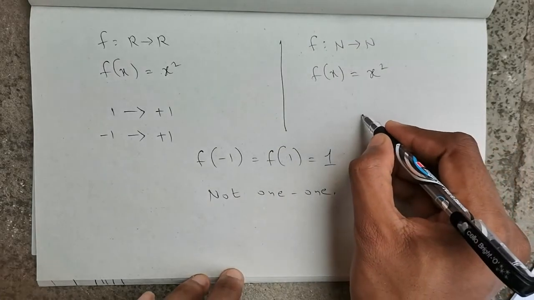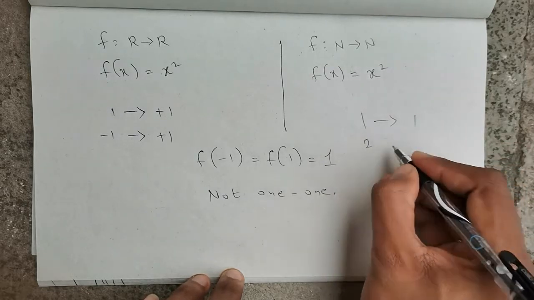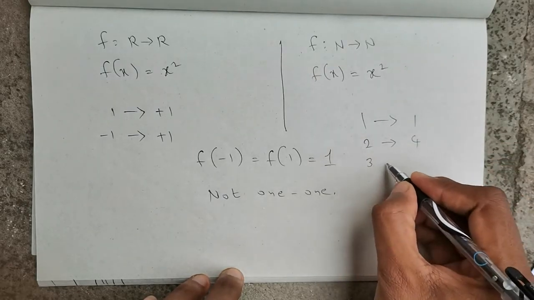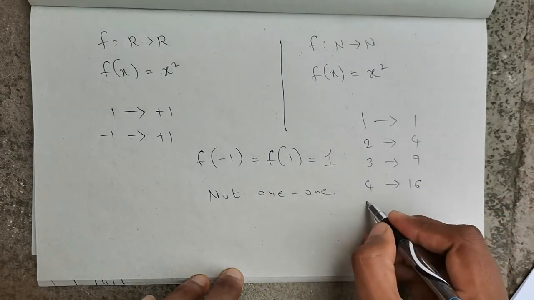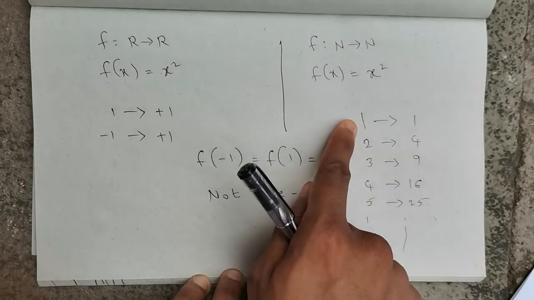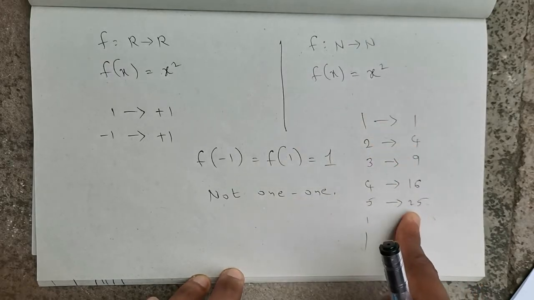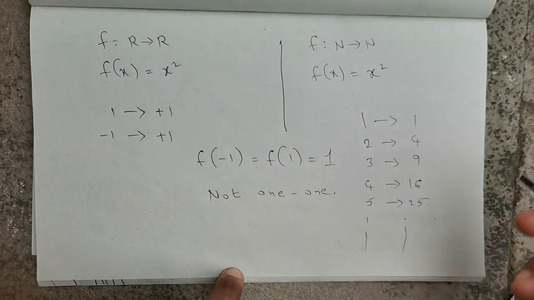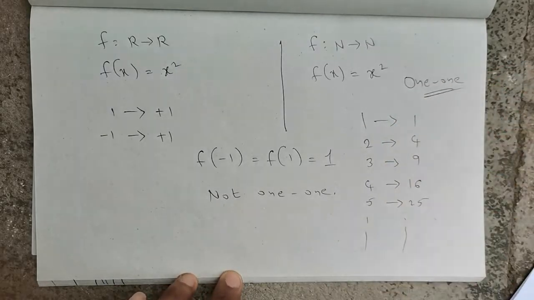If I take the first natural number 1, square 1. The second natural number 2, square 4. The next natural number 3, square 9. 4, 4 square 16, 5, 5 square 25, it keeps on going. One element has only one image, distinct elements have distinct images, then it is one function.